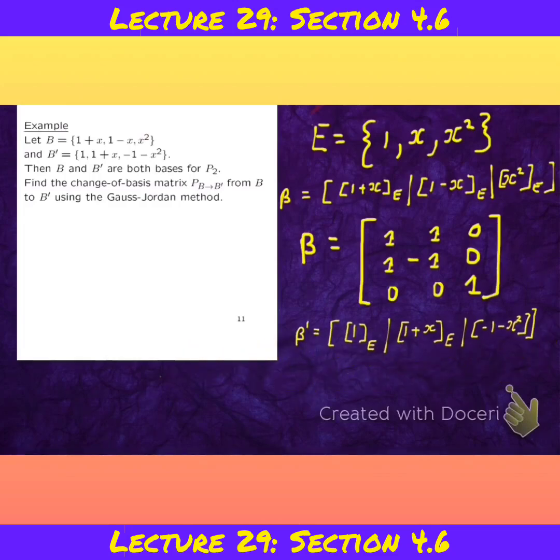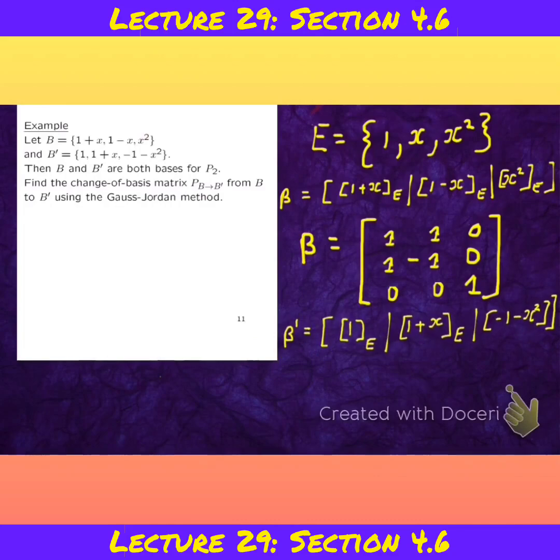Right, next for the second basis, B prime, that's the matrix that we want. So we go and write each vector as a linear combination of the standard basis. 1 plus x is a linear combination of the standard basis, and minus 1 minus x, and x squared are linear combinations of the standard basis.